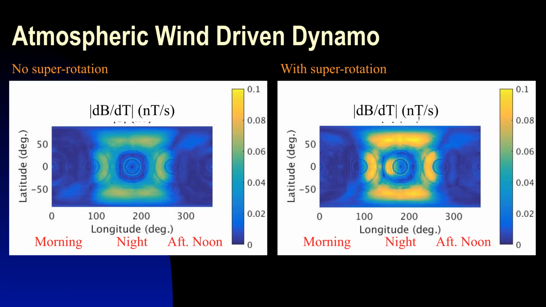So when measuring magnetic fields at Venus to determine if there are crustal fields or a large-scale dynamo, one should consider magnetic fields generated by the atmosphere.